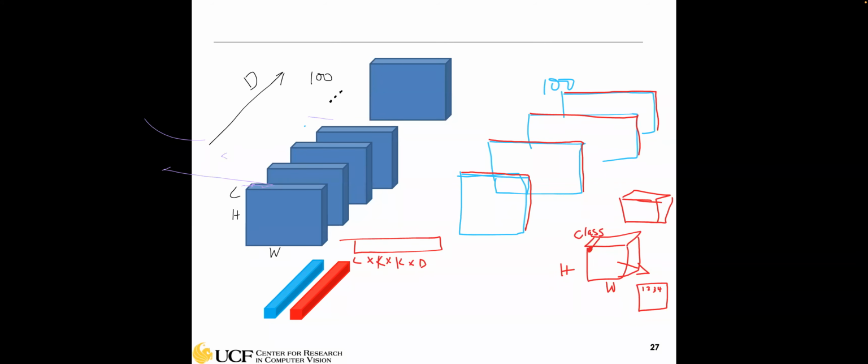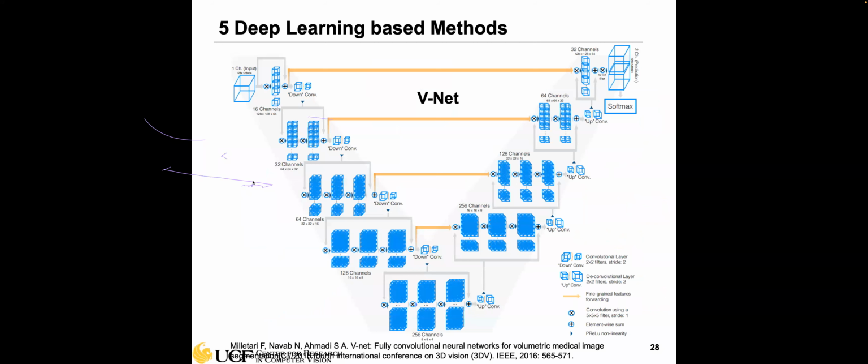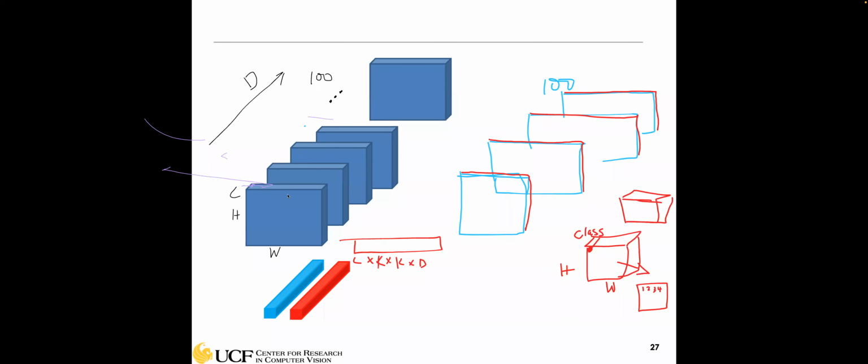We have an H and a W and a C. You can consider this an individual slice, like an MRI or CT scan. We have height and width, and also C indicating different modalities or the channel dimension.